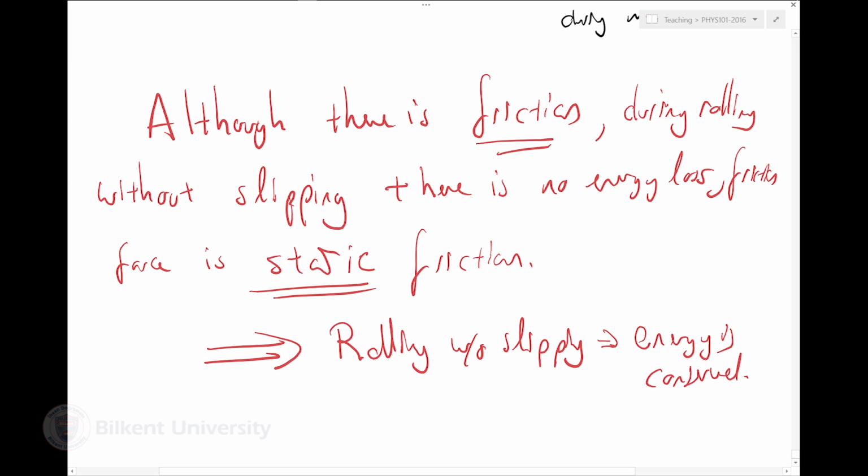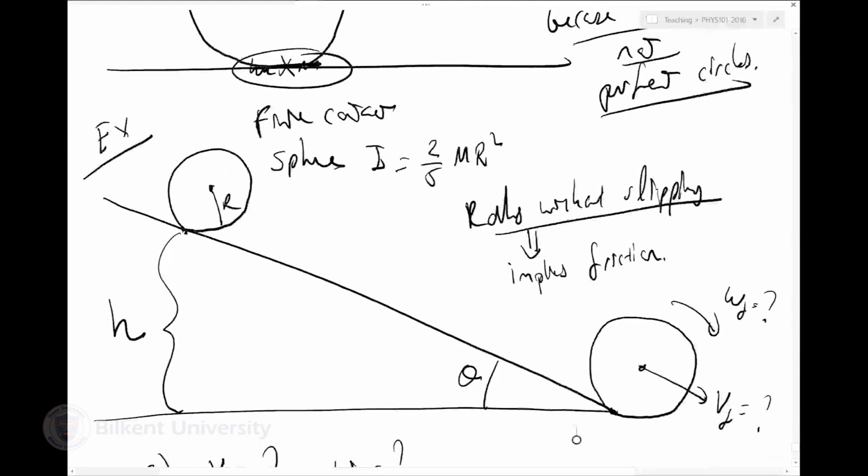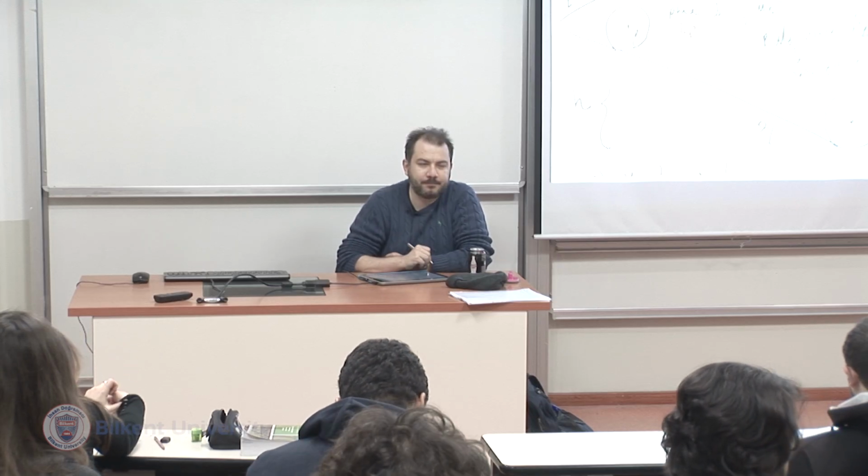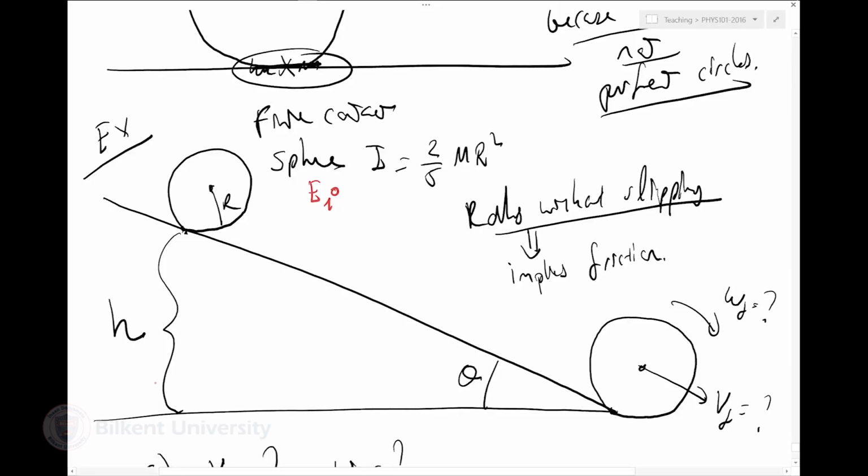Right? So this is actually quite an easy problem, at least the first part. Can you tell me what is the energy of the initial configuration? Well, there is only potential energy, and I'll be very clever here.